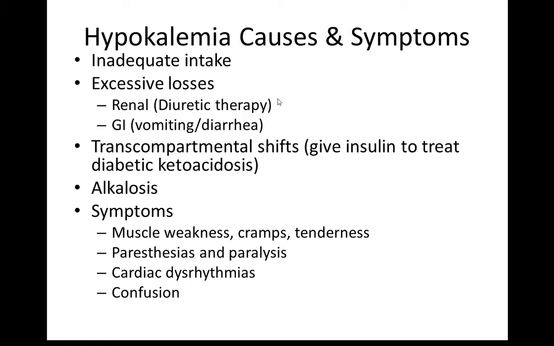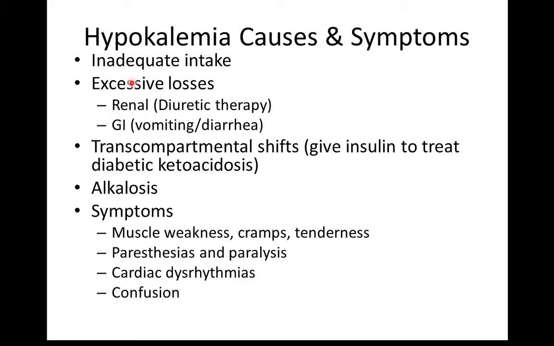Hypokalemia is caused by either inadequate intake or excessive losses of potassium. Most diuretic therapy causes potassium to be lost through the kidneys. So as we increase diuresis, we tend to wash out potassium with all of that extra urine.